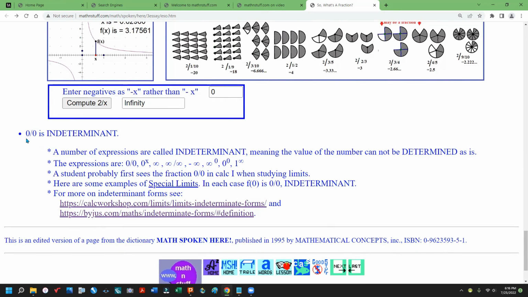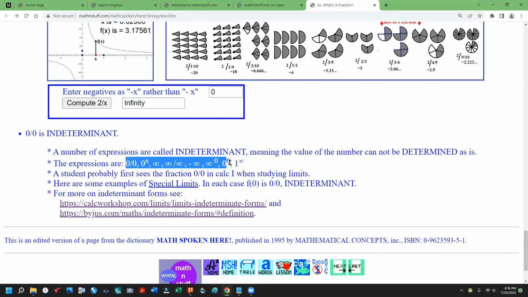Now we go to the Calc 1 material. Indeterminate, 0 divided by 0. Well, if you weren't allowed to divide by 0, now you got 2 zeros. It's called indeterminate. It's an expression, and there are a bunch of them.